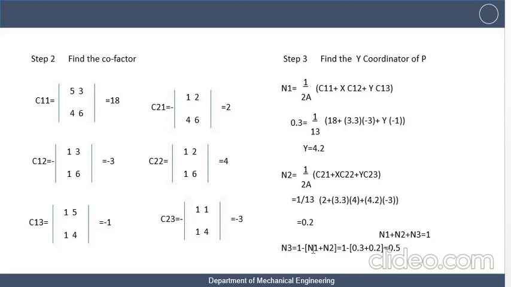You have already found out n2, and in the problem n1 is given, so put these values and we will get n3 is equal to 0.5. So y is equal to 4.2, n2 is equal to 0.2, and n3 is equal to 0.5.